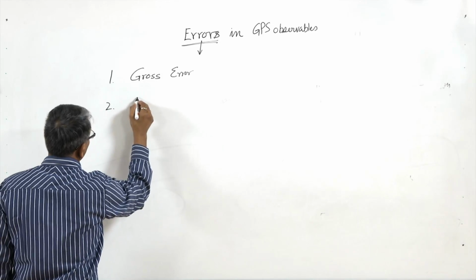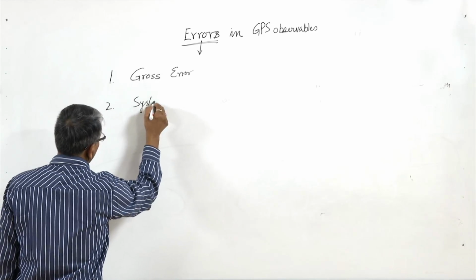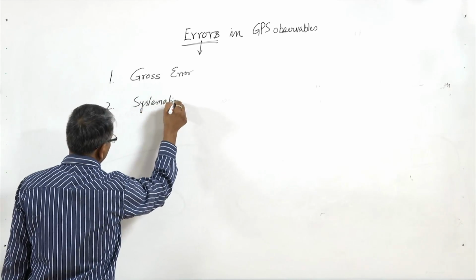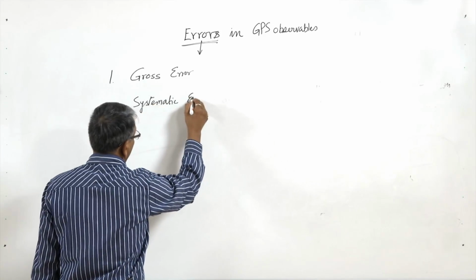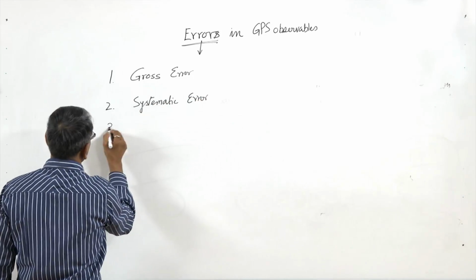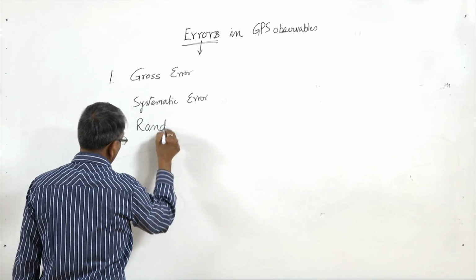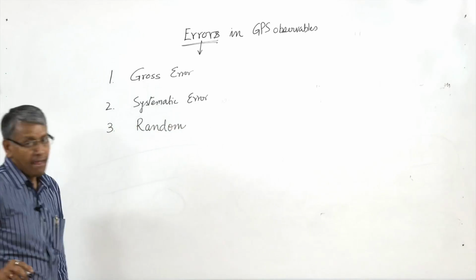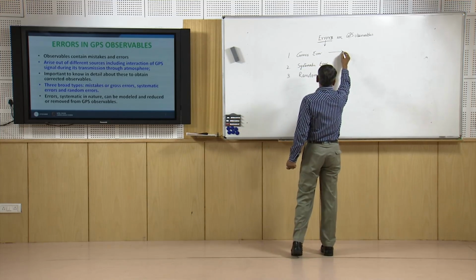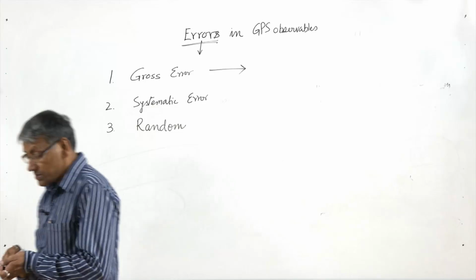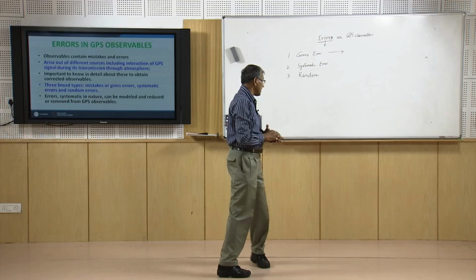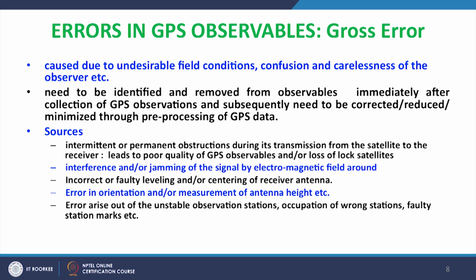Number 2, systematic error. And number 3, random error.